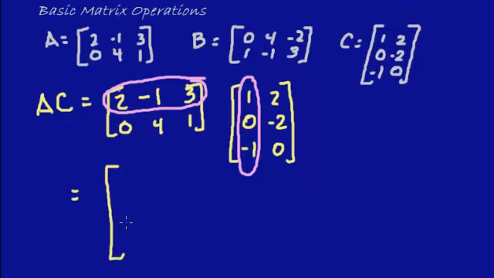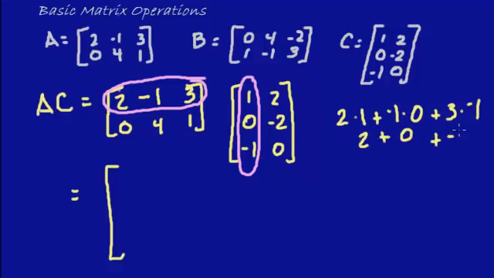I'm going to do 2 times 1 plus negative 1 times 0 plus 3 times negative 1. So that's going to be 2 plus 0 plus negative 3. So my very first element is going to be negative 1.